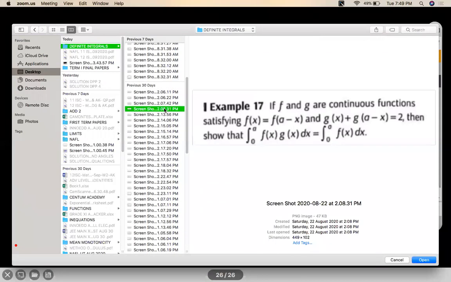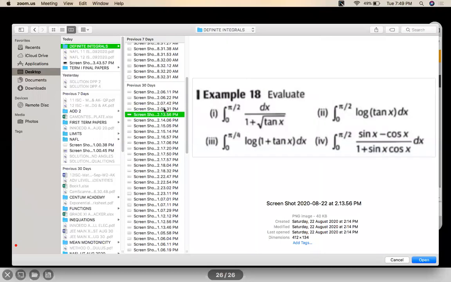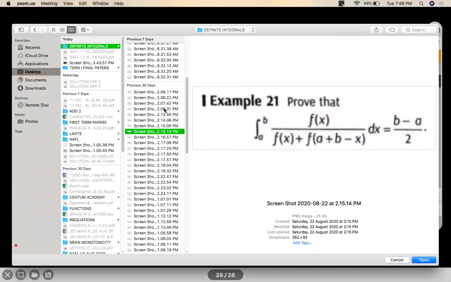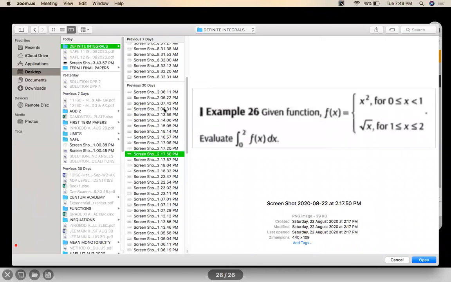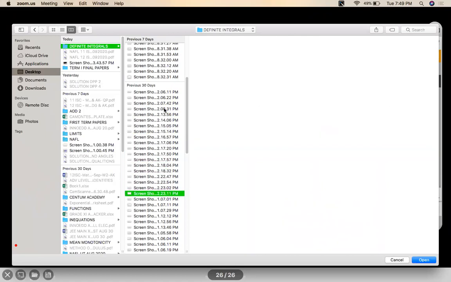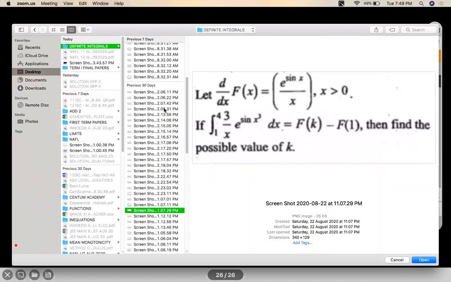I don't want to start a new property because then you'll not be able to solve much questions on it. Okay. Let's try this one.